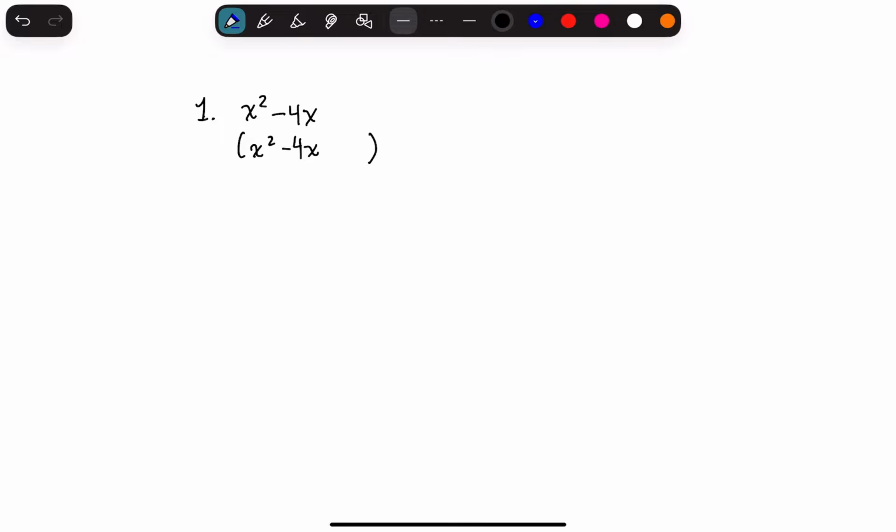We have negative 4 over 2, and we need to square it, so that's going to be equal to 4. Then we take 4 and add it here, but we also have to subtract it. Then you're left with factoring that. You get what multiplies to 4 but adds up to negative 4. That's going to be x minus 2 times x minus 2, so that's x minus 2 squared minus 4.